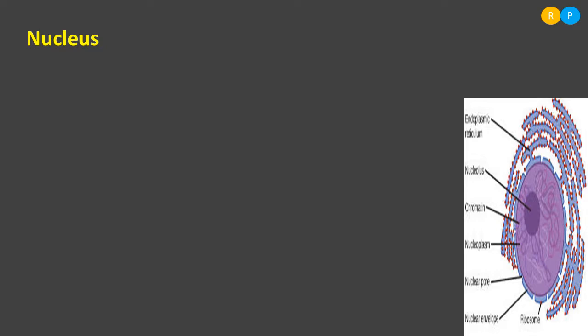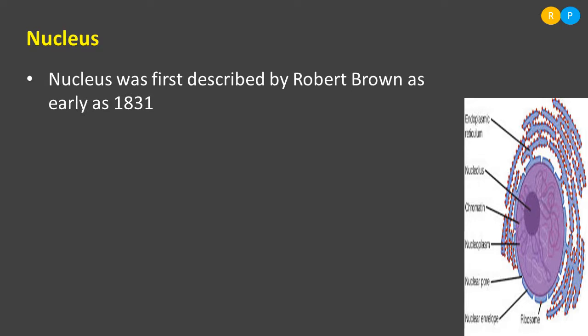The presence of the nucleus was first described by one of the scientists, Robert Brown, in the year 1831. So Robert Brown was the first one who described the structure of the nucleus in the cell.